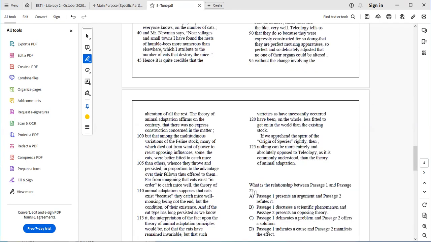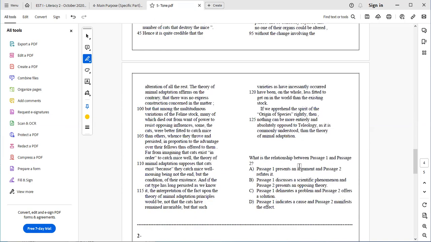And it's going to ask you to tell the relationship between passage 1 and passage 2. In this case, again, you have to read both passages, but you can also solve it with the big picture, but in limited time. So as I told you, you have to leave it till the end, and you're going to understand.